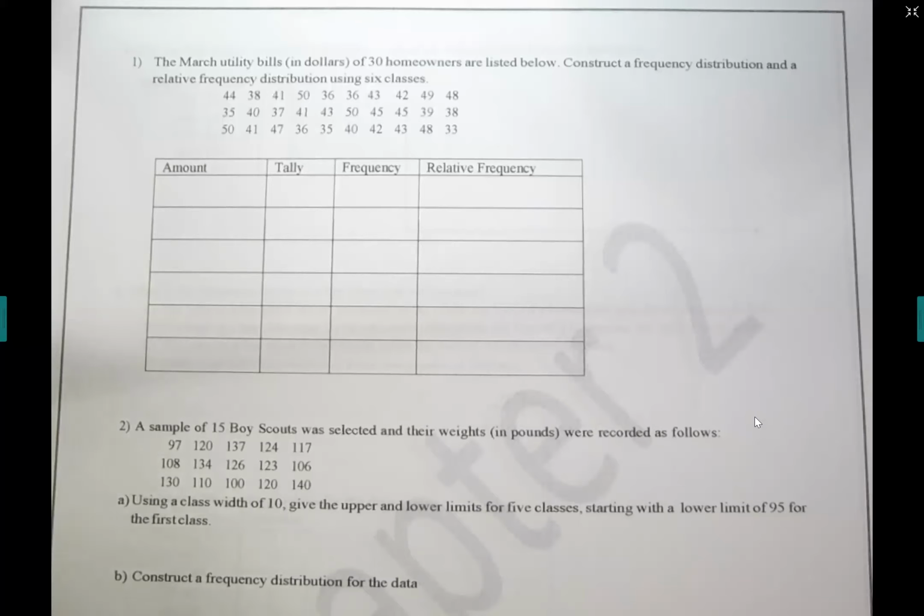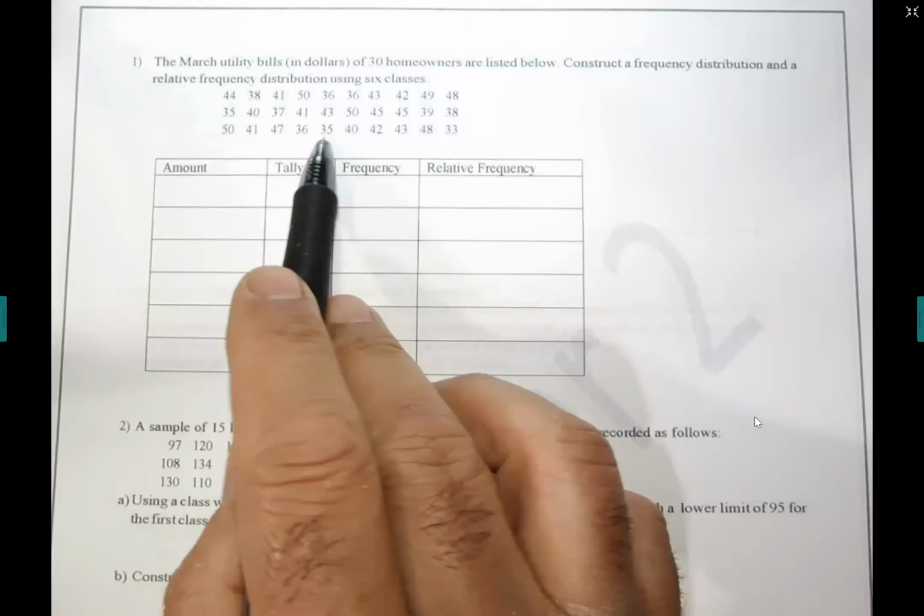So I'm gonna start with number 1. March utility bills in dollars of 30 homeowners are listed below. Construct a frequency distribution and a relative frequency distribution using 6 classes. As you can see, the data, as it shows right now, is not very organized.